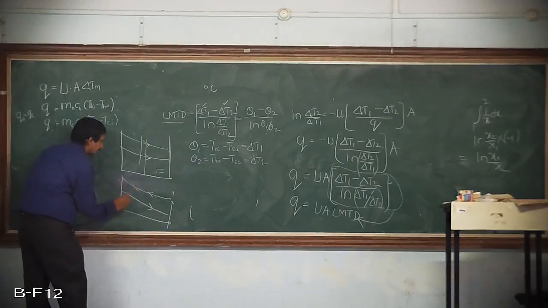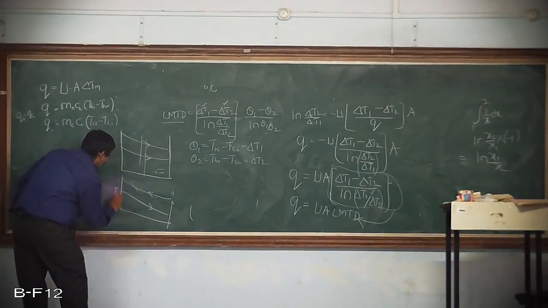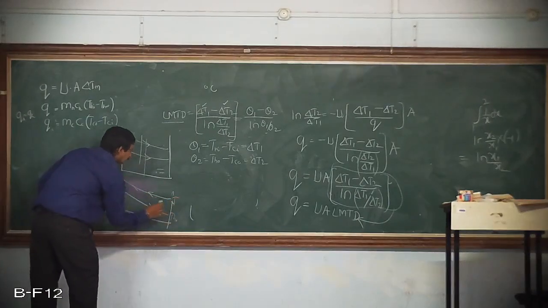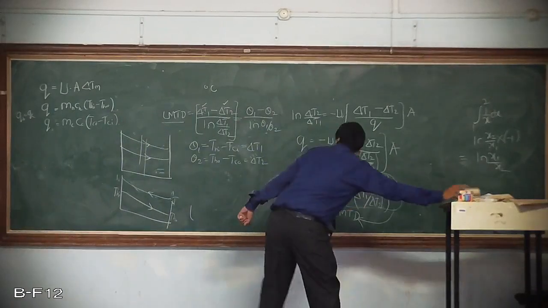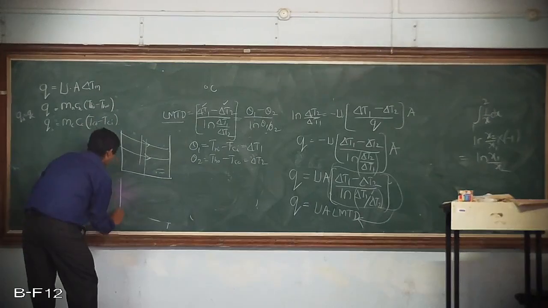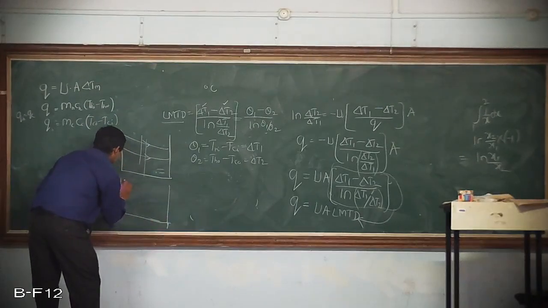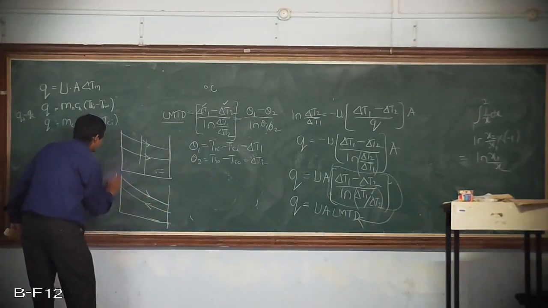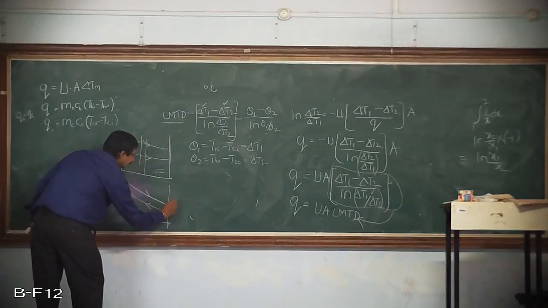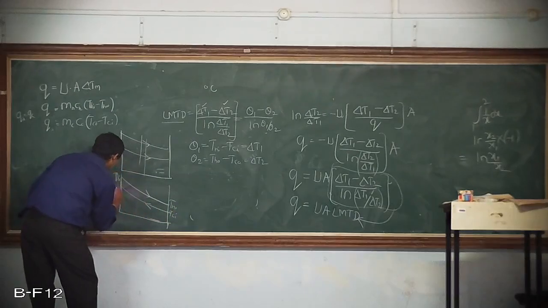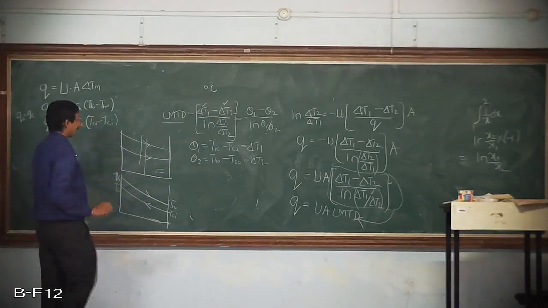So let me say this is the hot fluid. So this is the THI and this is the THO, whereas this is the TCI and this is TCO.